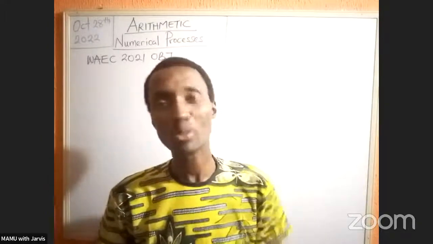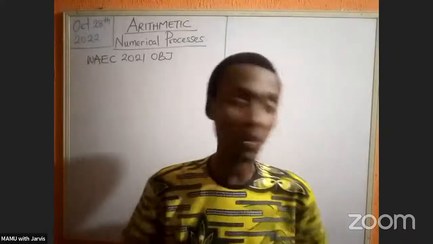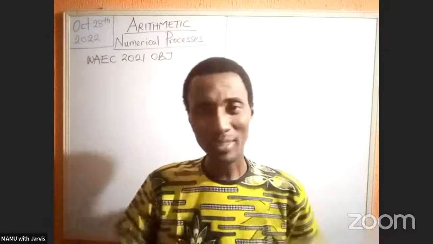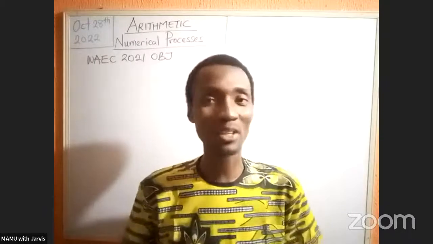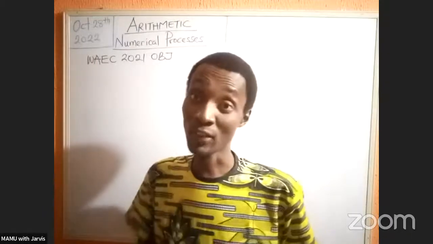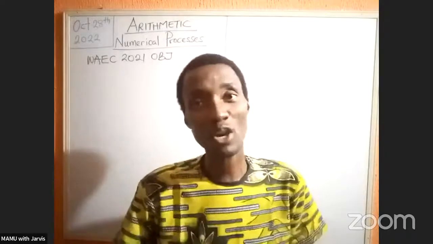Now, when we mention numerical processes, what should we be thinking about? We're thinking of things like addition, subtraction, multiplication, division, significant figures, approximations, and the likes. I'm trusting that by the time I take you through some questions, you have a clear perspective of what numerical processes is all about.